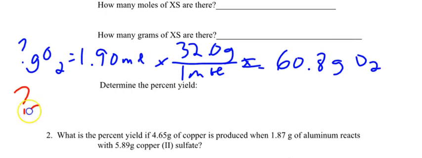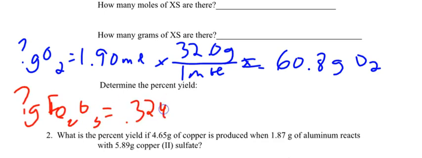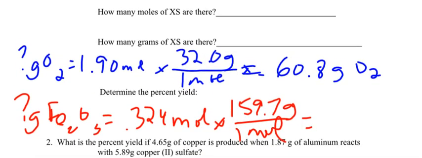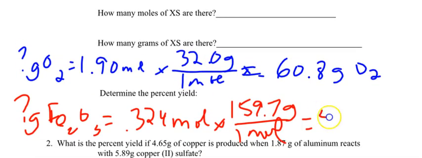So question mark grams of Fe2O3 is equal to 0.324 moles times 1 mole and 159.7 grams. Where did I get that from, everyone? Periodic table. Times 0.324, is it 324 or 342? I did it right. Okay. And that is 51 point, looks like 7 grams.